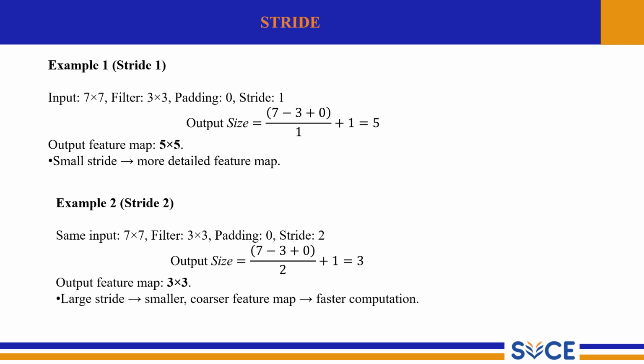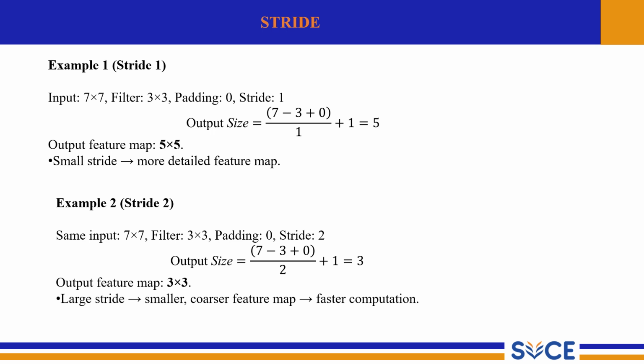Therefore the output feature map is 3 by 3. This shows that with a larger stride of 2, the output size is smaller compared to stride 1 due to the filter moving in bigger steps.